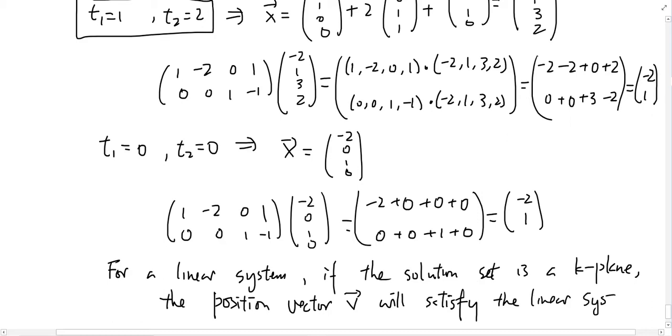It doesn't have to do anything. Okay? If you think about it, it makes sense because the position vector must exist on this two-plane, and everything on this two-plane would satisfy the equation.